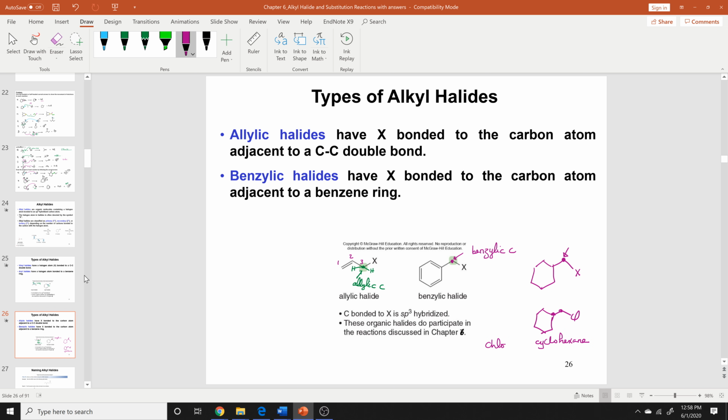I don't have to say one-chloromethyl because methyl is already carbon one. And since the cycle has no other substituents, everything is on carbon number one of the cycle, so I don't even have to mention where the methyl is on the cycle.